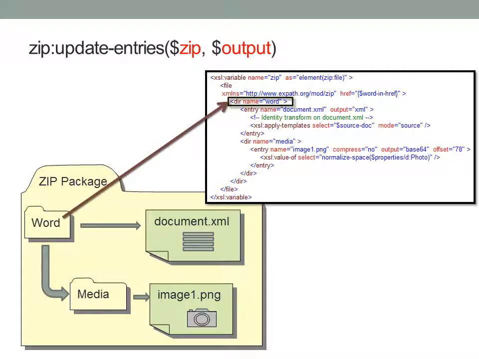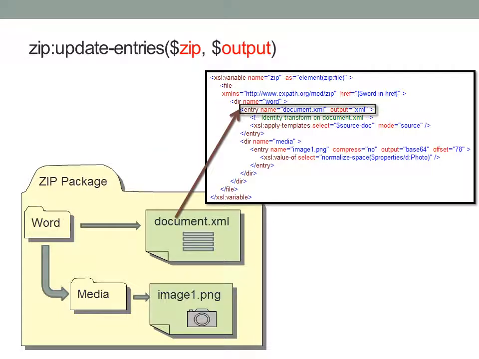Then within that file element there's a number of sub-elements that actually correspond to the structure of the zip package that you're modifying. So at the first level we have a directory named Word. Within that there is a file called document.xml, and we're outputting XML to this file, hence the output attribute.